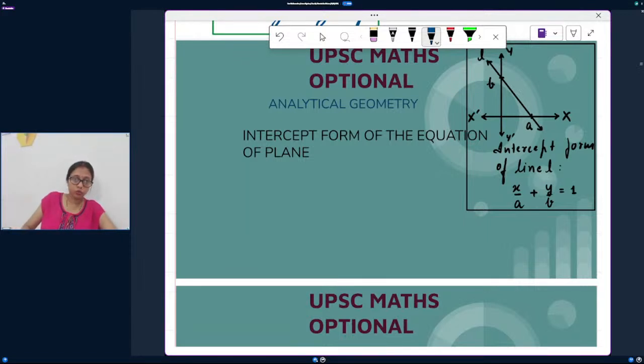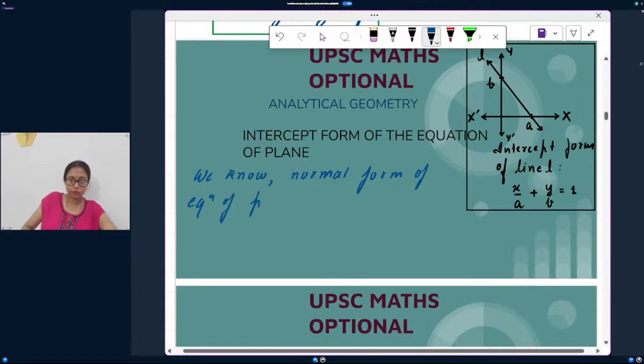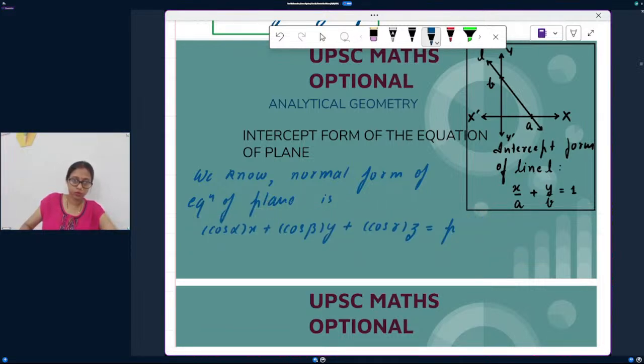What we have done, we know the normal form of equation of plane is cos alpha x plus cos beta y plus cos gamma z equals p.